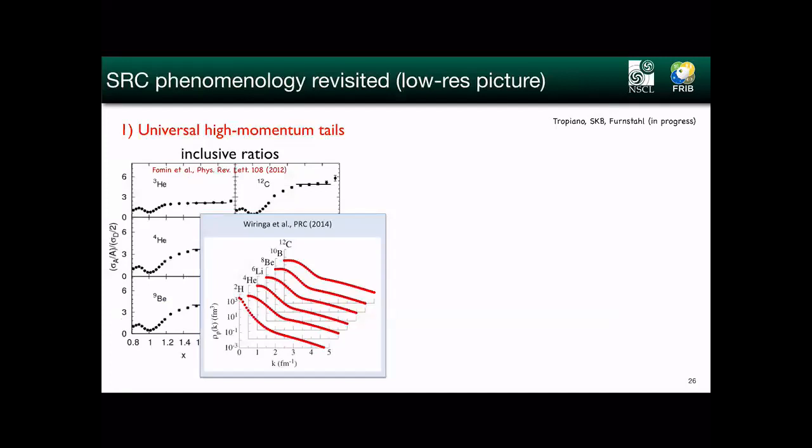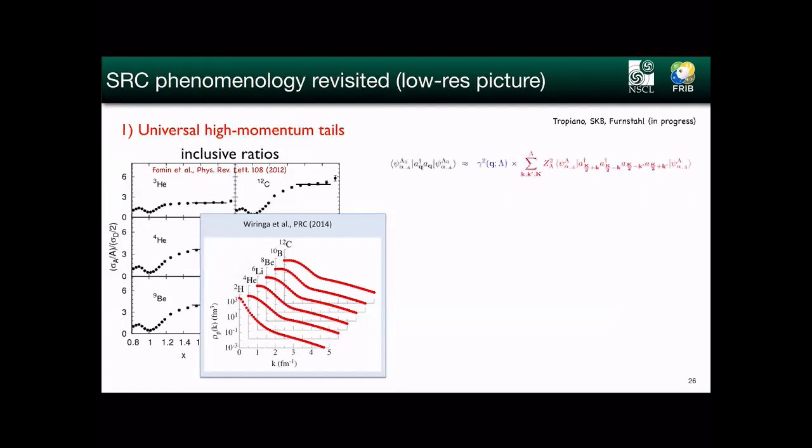So let's real quickly recap the SRC phenomenology in this low resolution picture. Let's look at the first one, this fact that the inclusive cross-section ratios and these plateaus in Bjorken x imply that the high momentum tails of momentum distributions should be universal in different nuclei.